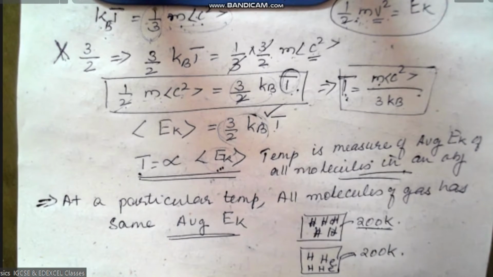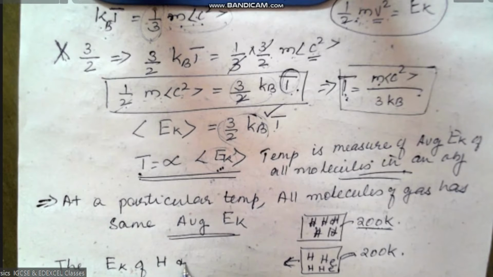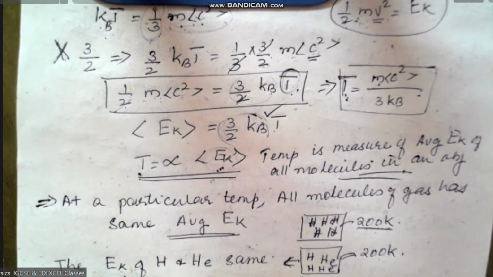Now think of another mixture of hydrogen with helium, also maintained at 200 Kelvin. Now what can you say? The average kinetic energy of hydrogen and helium are the same. Why? Because same temperature.